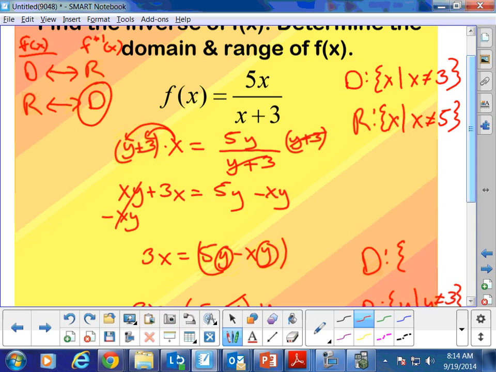Well, actually this should be -3. So let's make that correction. Remember how I said we reverse them? That means that my domain on this one means that x, actually this should be all y's too. Let me go ahead and erase all that. I should have written that with y's because we're talking about a range. So let's fix that.